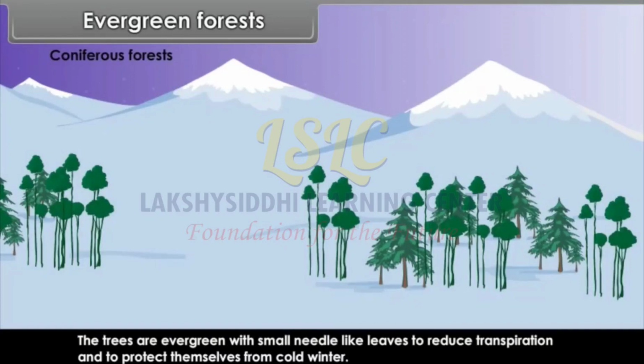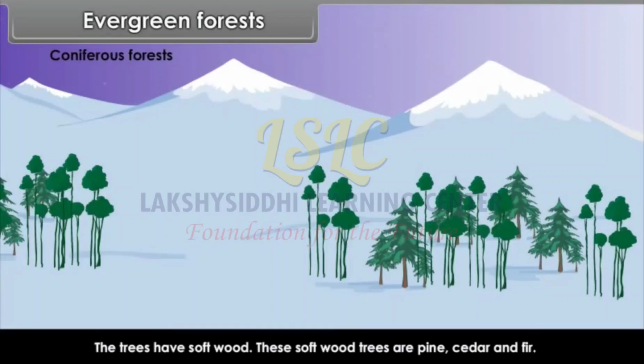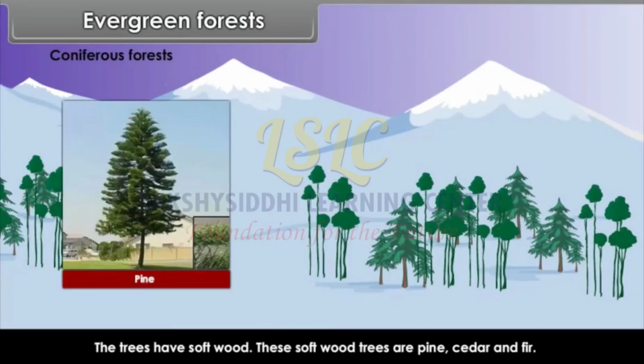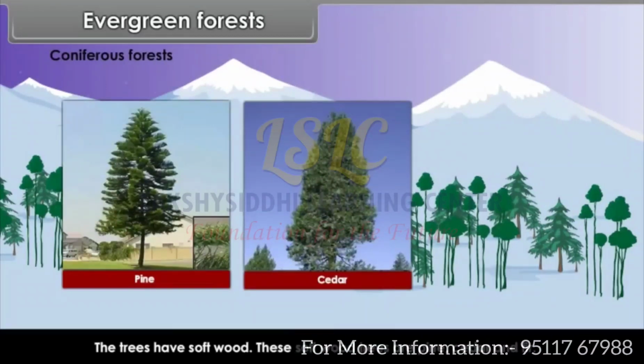The trees are evergreen with small needle-like leaves to reduce transpiration and to protect themselves from cold winter. The trees have soft wood. These softwood trees are pine, cedar and fir.